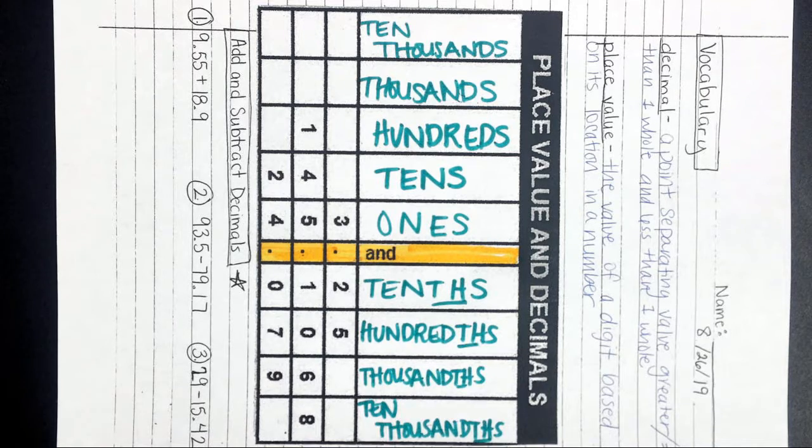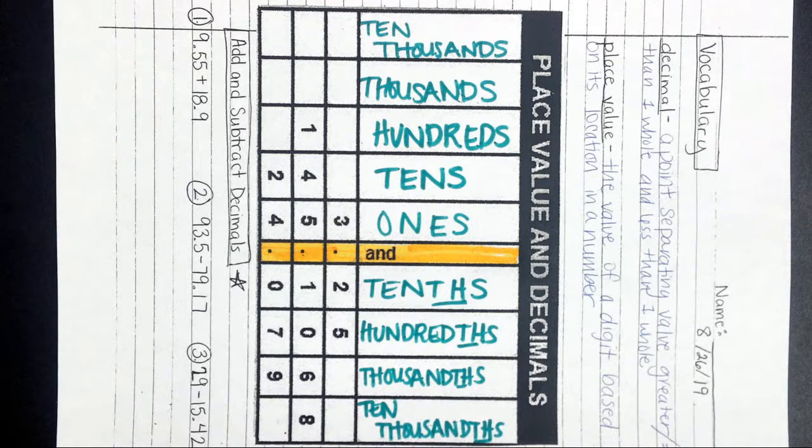The only time I want you to say the word "and" is when you see a decimal point, because now we have a whole number and a part of something. So save the "and" for the decimal point. But it's funny, if you start listening to people, you'll notice it's misused an awful lot. Nope.